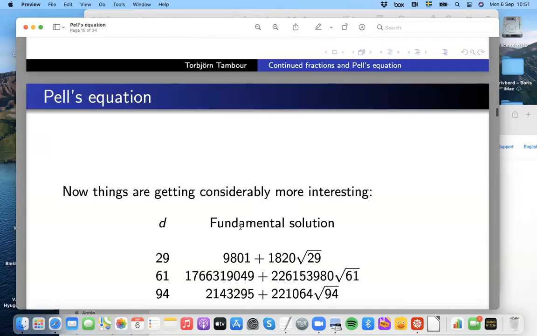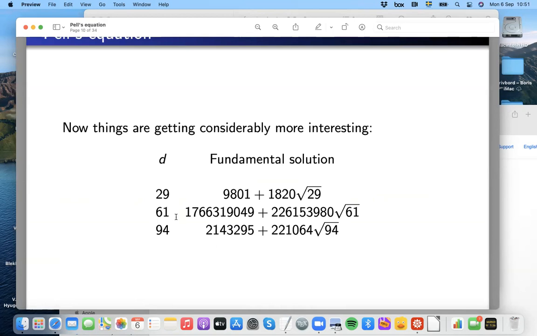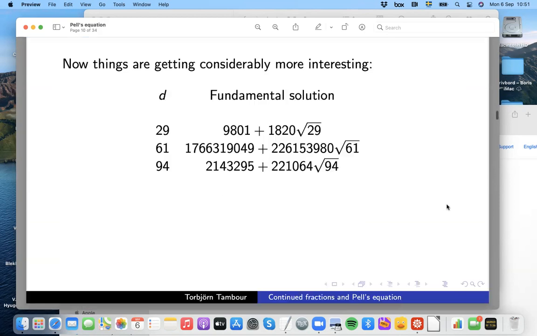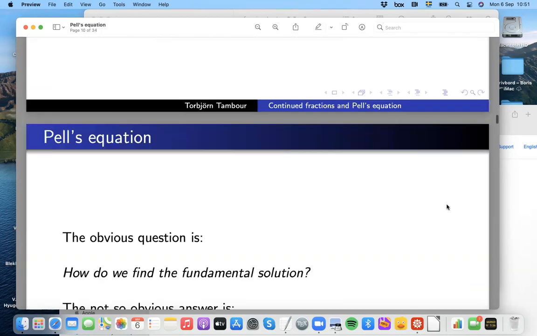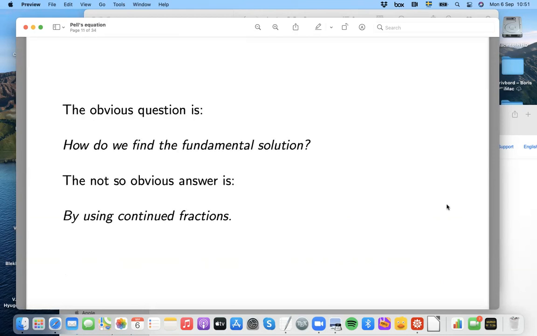And for example, for d equals 61, we get already a fairly long expression for this fundamental solution. And so the question is, of course, how to find the fundamental solution.